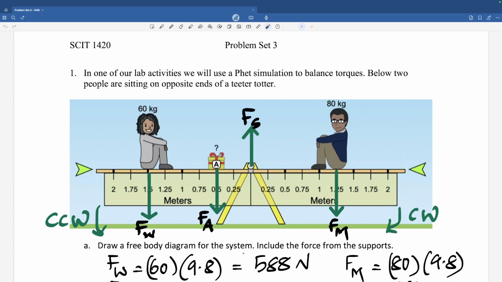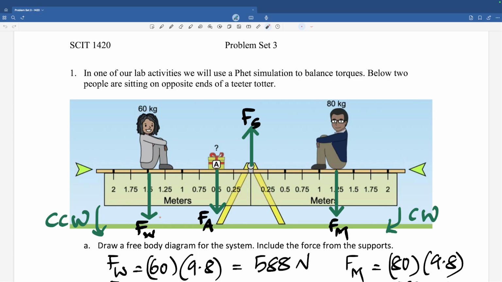I have already done it for you. Free body diagram means showing all the forces acting on the system. And then I've also shown you how to calculate the weight of each person. How do you calculate the weight?